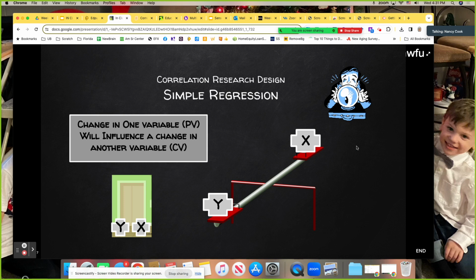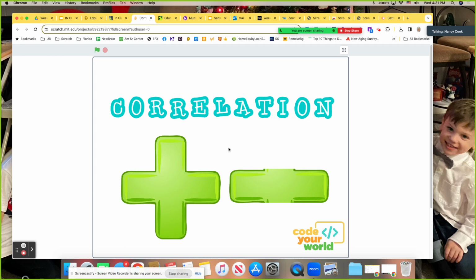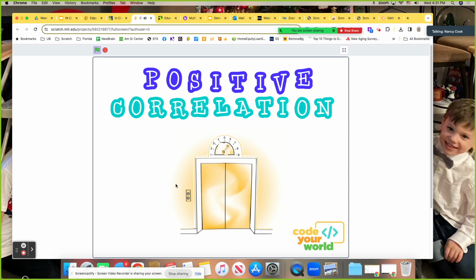So in a correlation research design, one of them is called a simple regression. This is when a change of one variable influences the change in the other. And I made a little animation for you to help you see this correlation. So when I click this little sign, if something is a positive correlation, here's an analogy to help you remember: positive correlation is like an elevator because the variables go up together and they go down together.